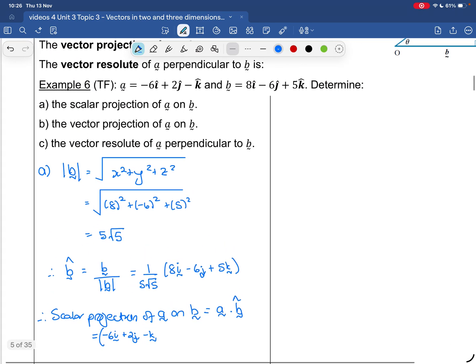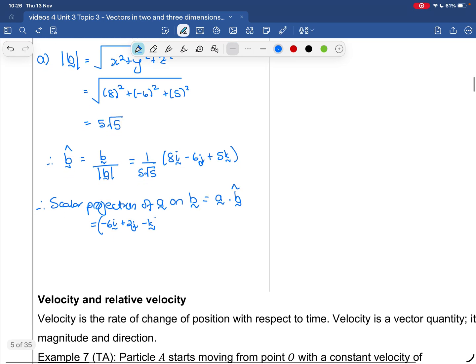Okay, that's my vector A, dotted with 8 over 5 root 5 i minus 6 over 5 root 5 j plus 5 over 5 root 5 k.